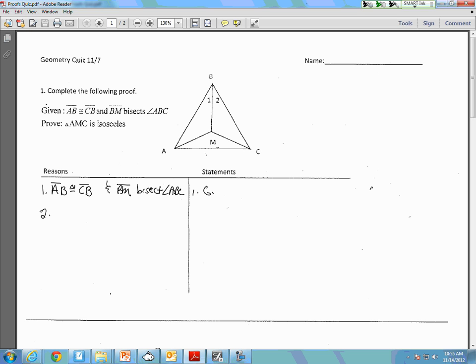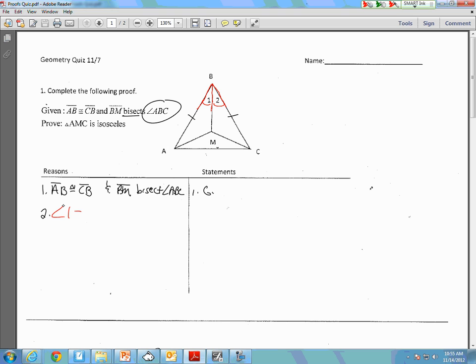Okay. Step two, after I fill that information in my picture, you're going to look at the vocabulary words. Bisects. Pay attention to what you are bisecting. You're bisecting an angle. So when I bisect an angle, I get two smaller angles that are also going to be congruent to one another. If I look at angle ABC, and I bisect it with BM, the two new things that are created are angle 1 and angle 2.